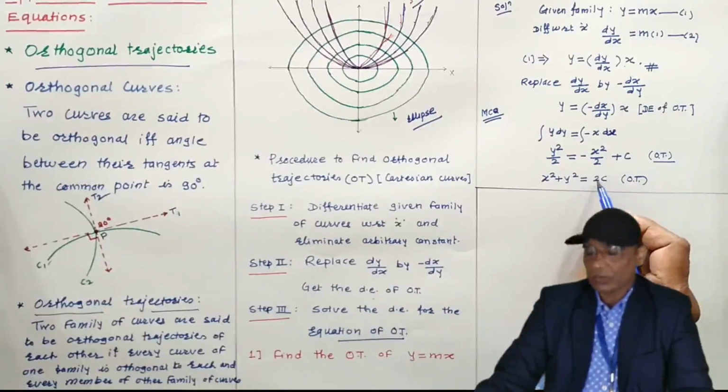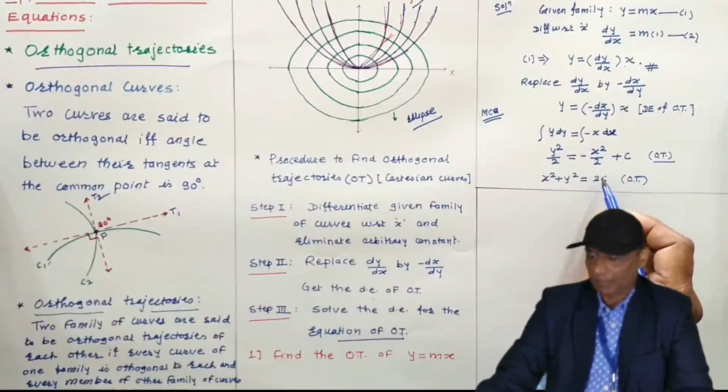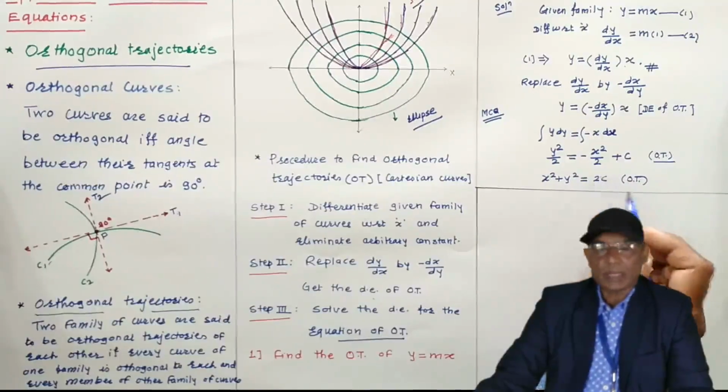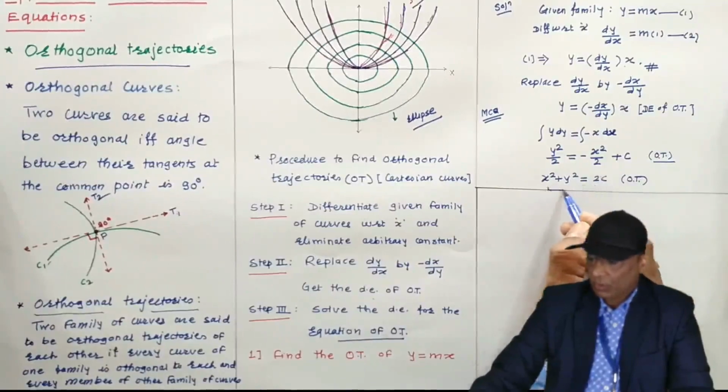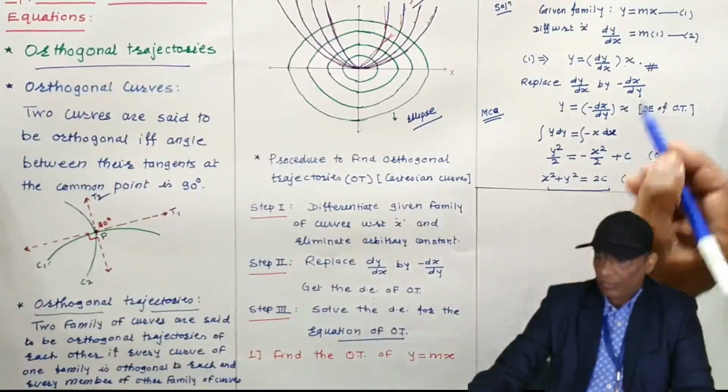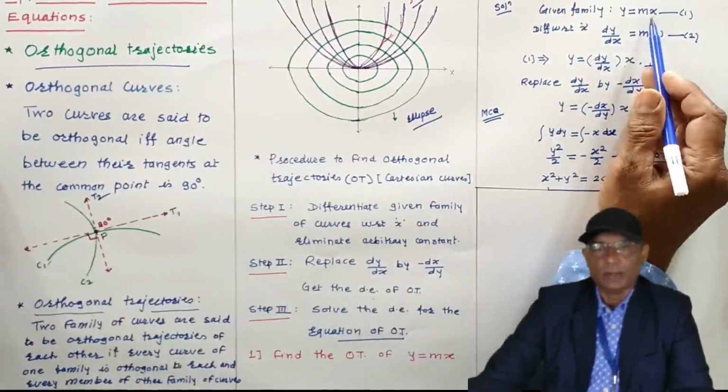If you multiply the constant of integration by any fixed number, you get again a constant of integration. The 2c may be replaced by b, or by any other alphabet, but the right hand side is a constant. So this is the orthogonal trajectory of this family of curves.